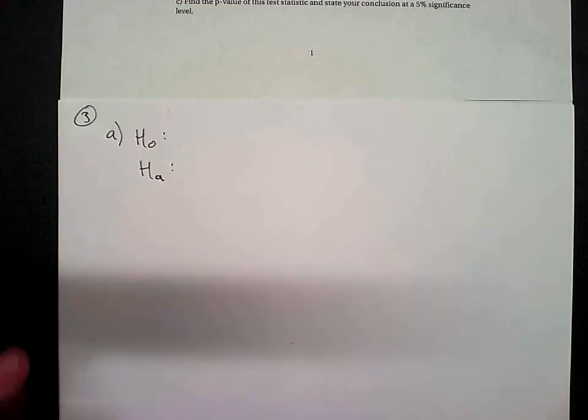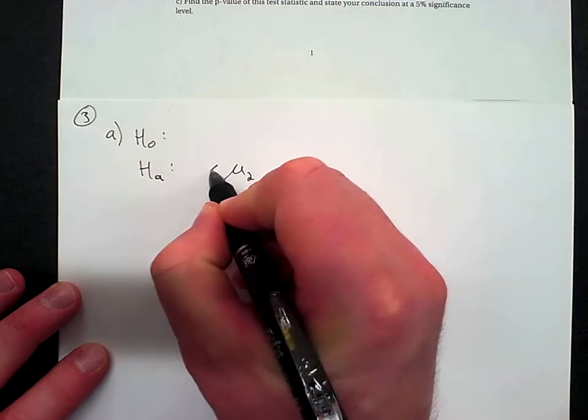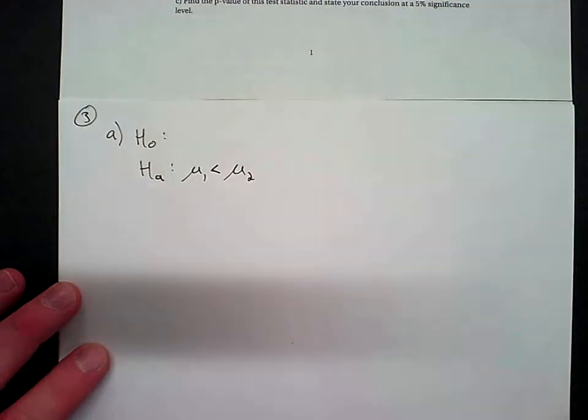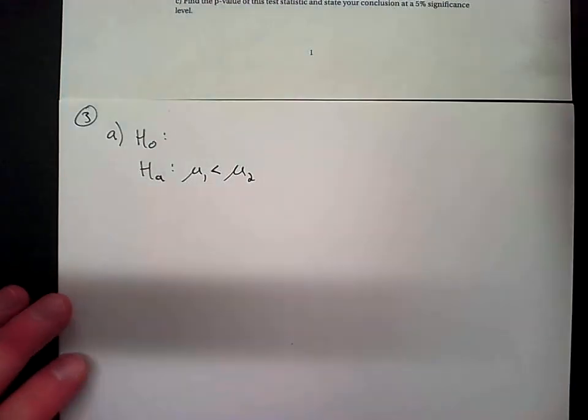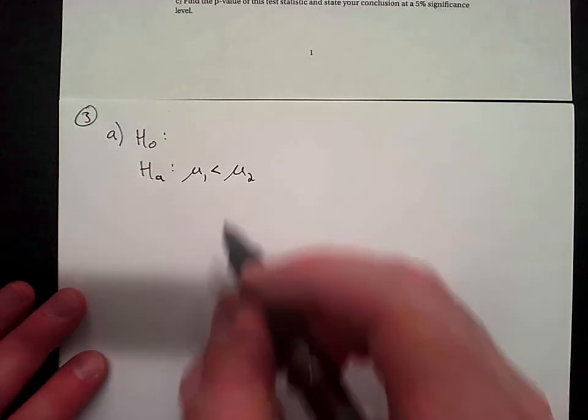It's alternative because it's strictly greater than. So we're going to say that mu2 is going to be strictly greater than mu1. That's going to become our alternative hypothesis. We don't have another statement for our null hypothesis.